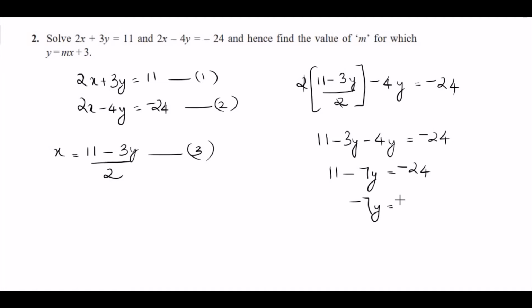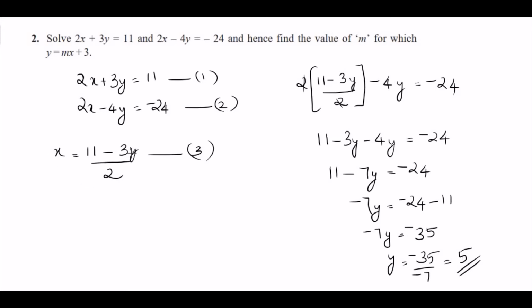Minus 7y is equal to minus 24 minus 11. That is minus 7y is equal to, so when you add these you get 35 and a negative sign. So y is equal to negative 35 by negative 7, that is equal to 5. Negative and negative is positive, so 35 by 7 is 5. So you get the y value as 5.